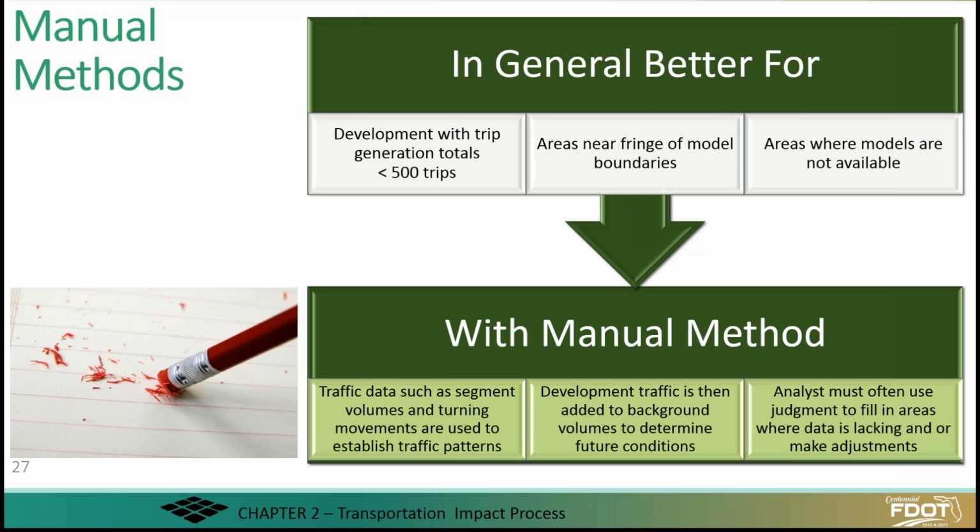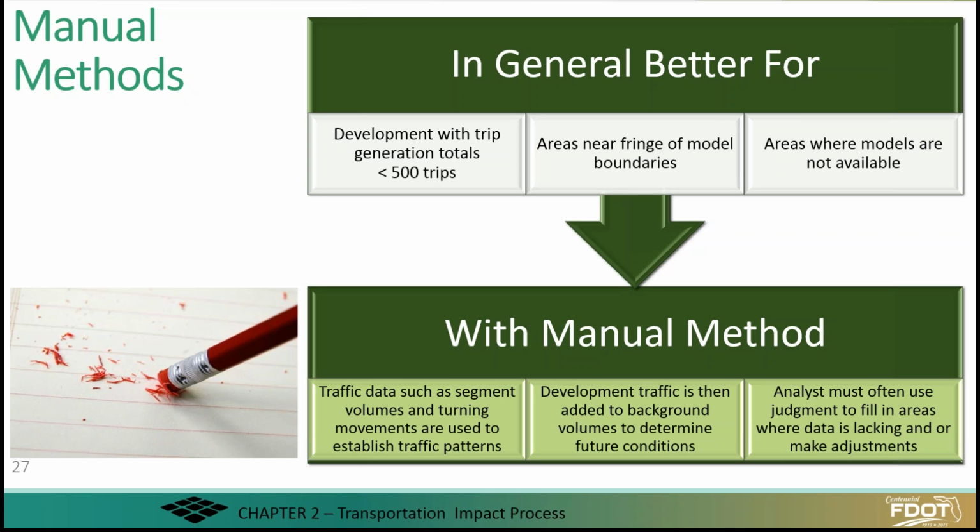So obviously if you're doing site impact for a project that is in a locale that is not covered by any one of the various travel demand models in the state of Florida, you might be better off using manual methods. With manual methods, traffic data such as segment volumes and turning movements can be used to establish the traffic pattern. So understanding how to move the trips manually along the roadway network can be based off of observed existing traffic patterns.